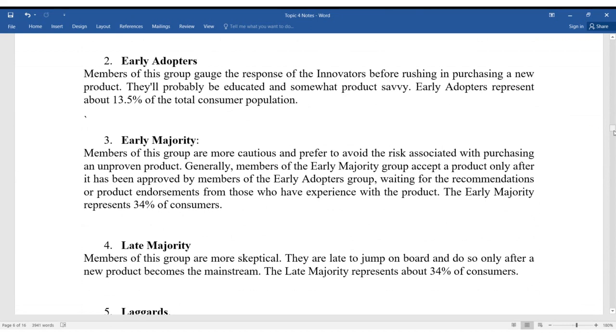Early majority are quite a large group of people. They tend to be more cautious. They prefer to avoid risk. They want to purchase proven products. The majority of these people are middle class.